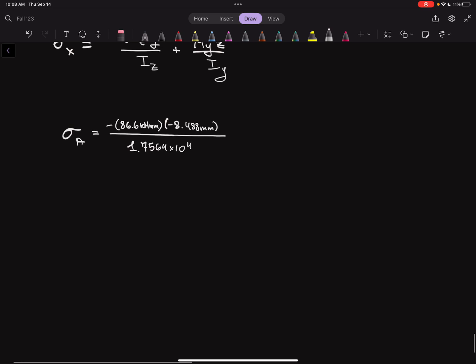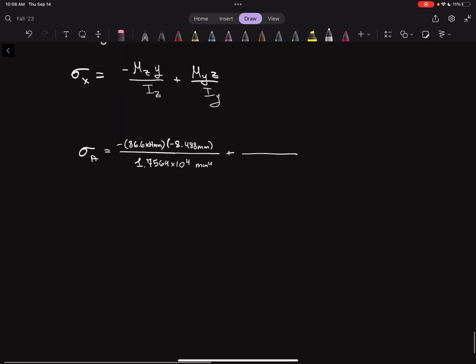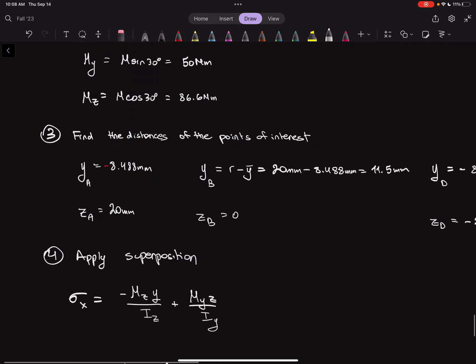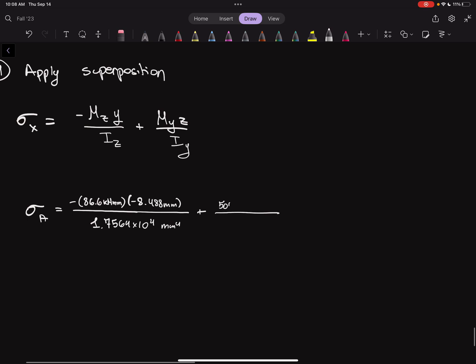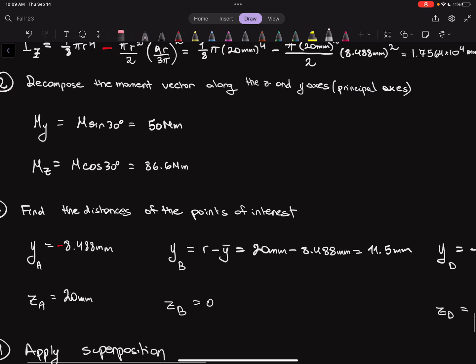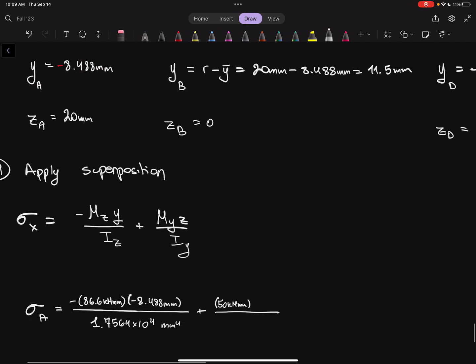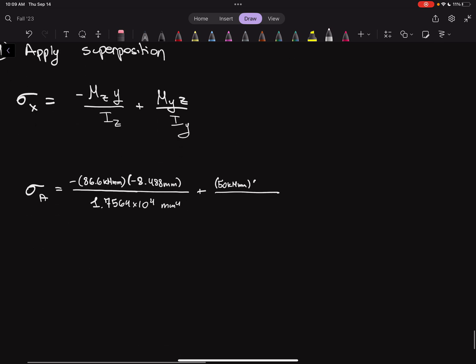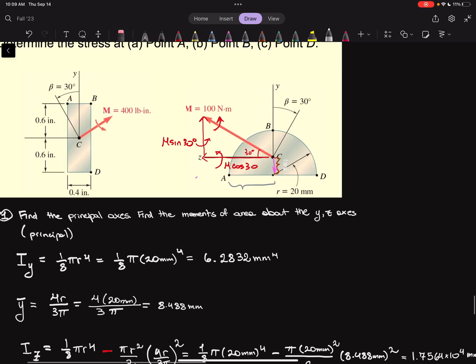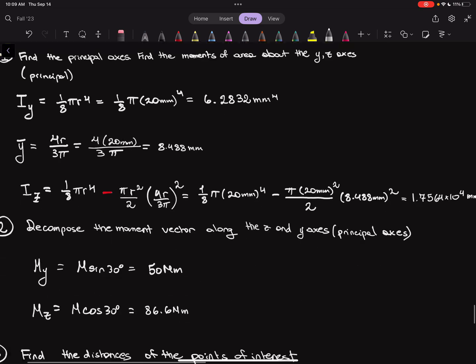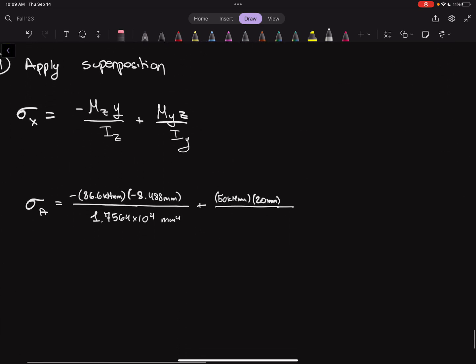times 10 to the 4 millimeters to the fourth, plus we have My, which is 50 newton meters, which we convert to 50 kilonewtons times millimeters. And then we have our zA, which is 20 millimeters. And that's good because A is on the left. Look, A is on the left. Z is positive on the left, so that's positive. I just don't want to mess that up.